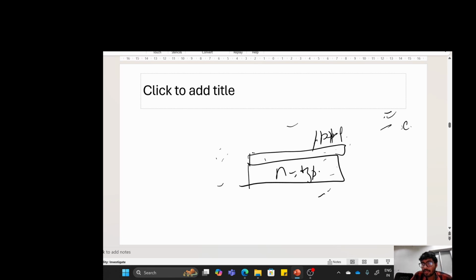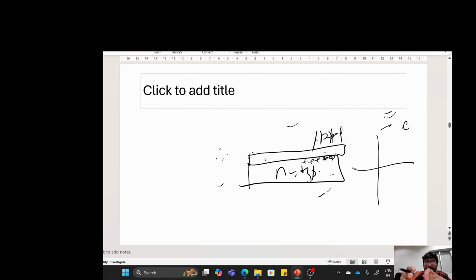So if you have seen the depletion region, this was the N type.